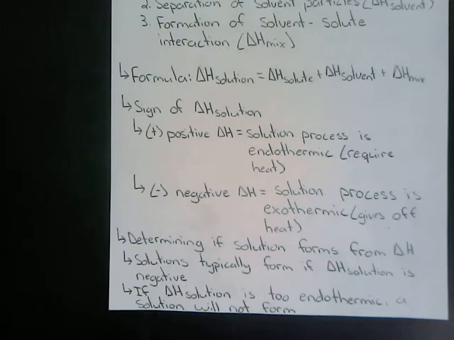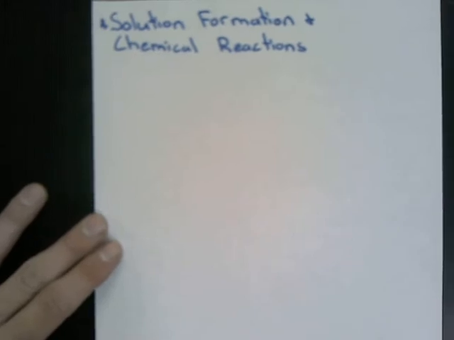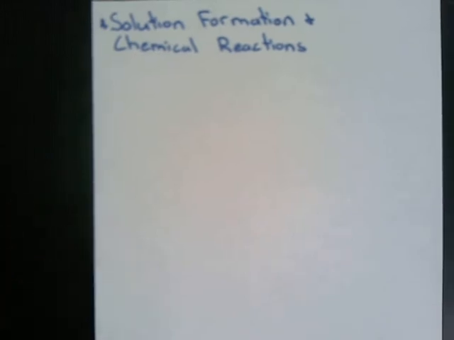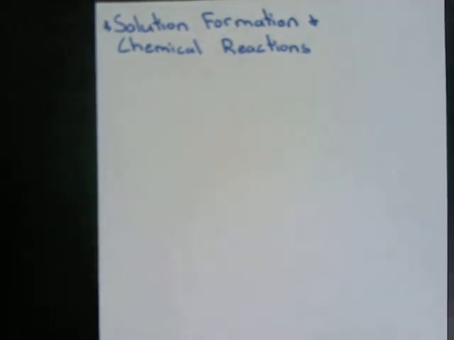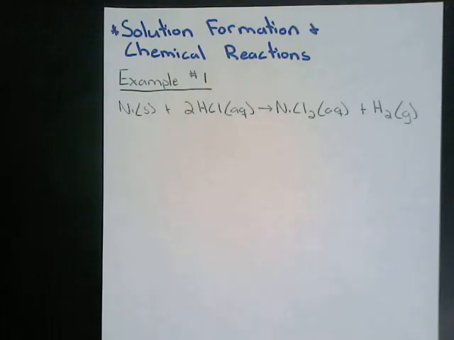All right, so now let's get into the business of solutions and chemical reactions. So what we have here with solutions and chemical reactions is just an example. Our first example is solid nickel being dissolved into hydrochloric acid to produce nickel 2 chloride and hydrogen gas. So I'm going to pause and write that chemical equation down. All right, so there's that equation that I just talked about.